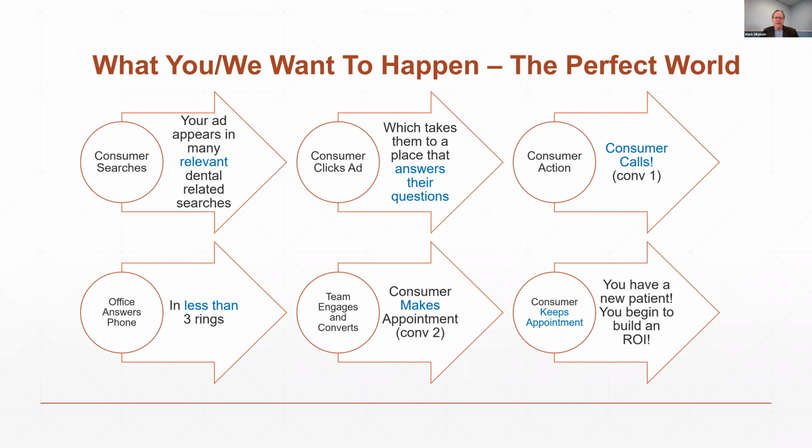They understand the questions they're going to get from Google ad campaign responders are going to be all over the map. So they put the best person in their office to handle these new patient inquiries on the phone. And the team engages this person and actually makes the conversion, makes the appointment. That's conversion number 2, right, Howie?